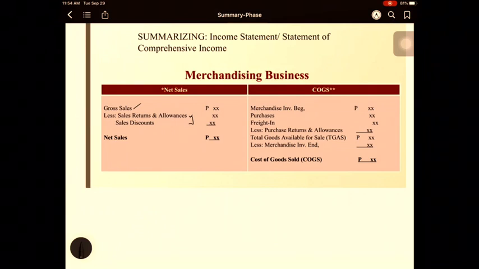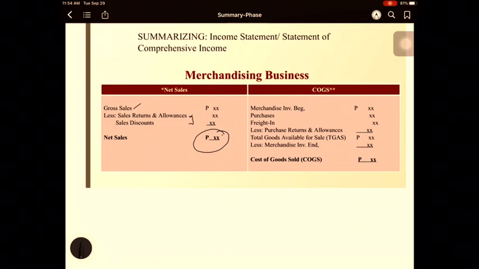So gross sales, the total amount of sales, less the amount of products that were returned, less the amount of discount given to the customers, then we shall have your net sales here. This is the amount that is going to be presented as sales now in the income statement.